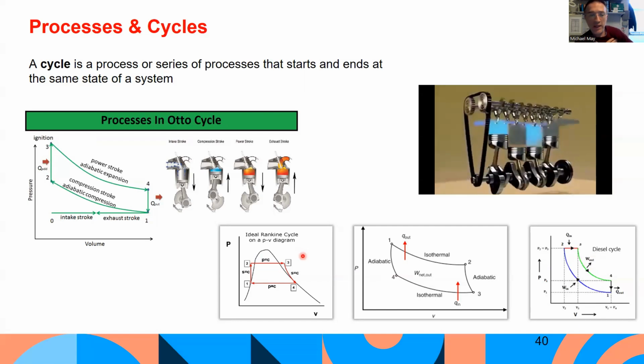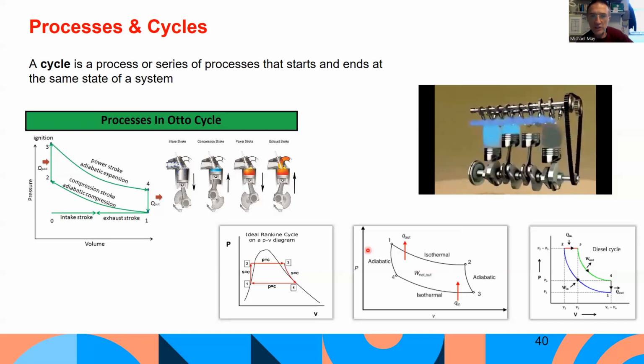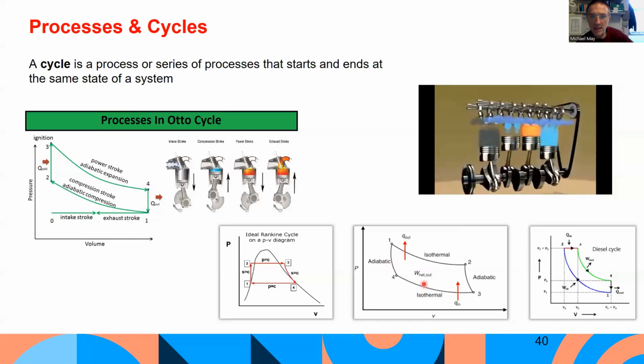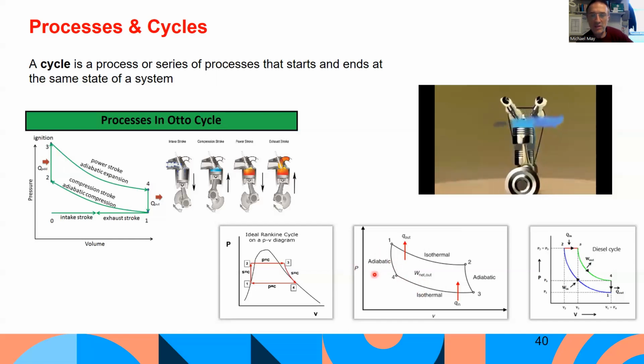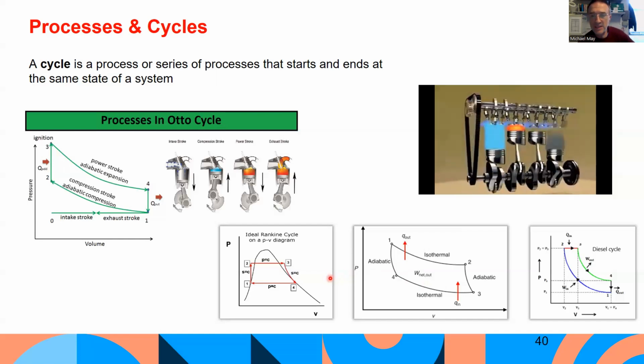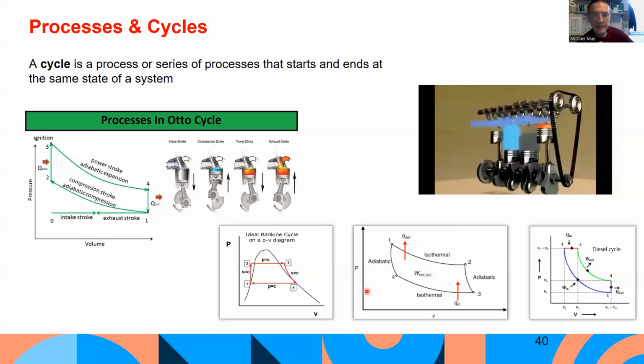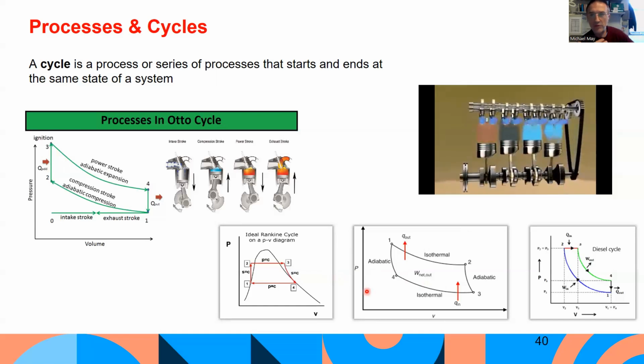Another one is the vapor compression cycle used in refrigeration, and then the Carnot cycle, which looks like this and is a way of describing an ideal cycle for a heat engine, for example, a power plant. And the reversed Carnot cycle describes the ideal cycle for a refrigeration system.